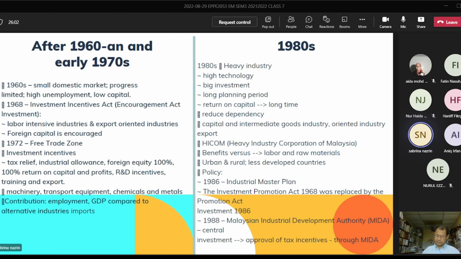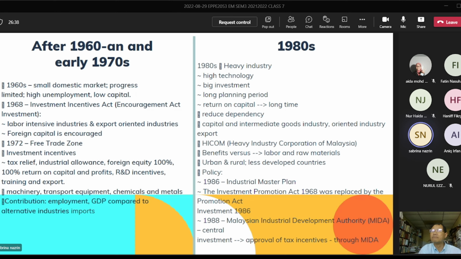Foreign capital is encouraged. 1972 is the free trade zone, which is an investment incentive, including tax relief, industrial allowance, foreign equity 100% and 100% return on the capital and profit, R&D incentive, training and export, machinery, transport equipment, chemical and metal, contribution, employment, GDP compared to alternative industry import.